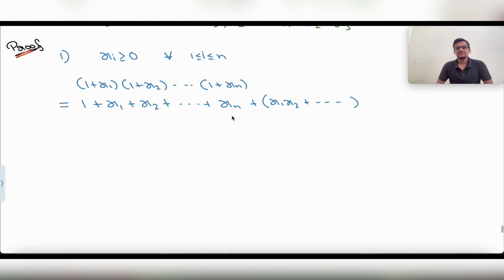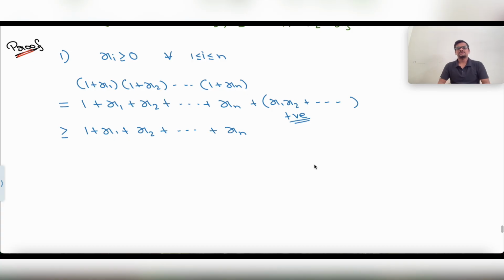Clearly these x1, x2, x3 are all positive numbers, so addition of positive numbers and multiplication will give you positive. So see this, after xn all the terms are positive, right? So this will be greater than or equal to 1 plus x1 plus x2 plus up to xn.